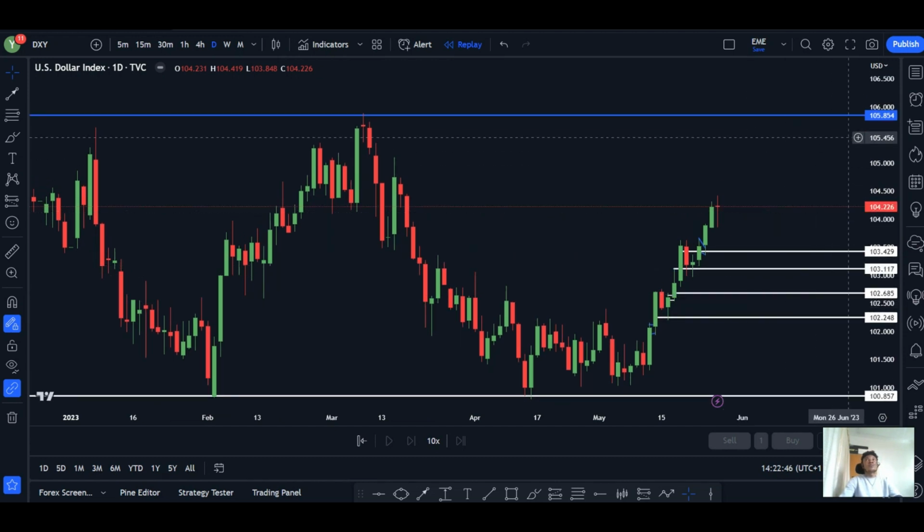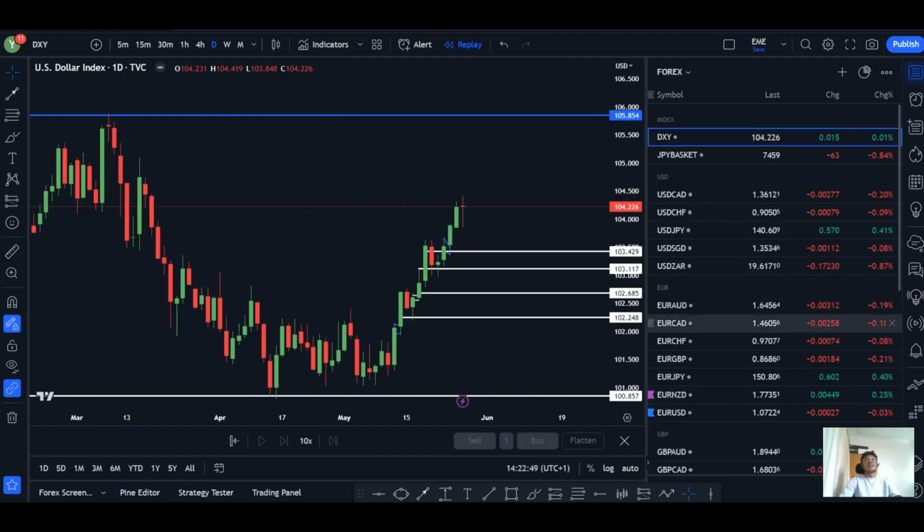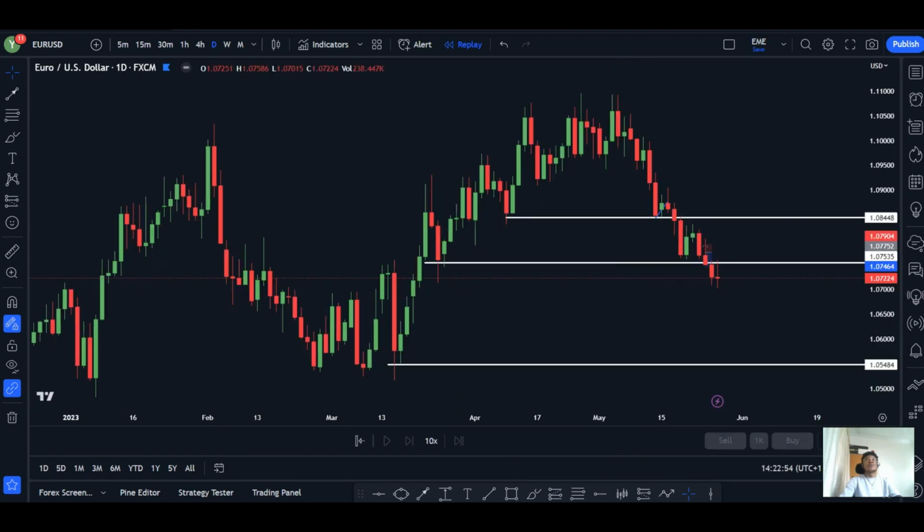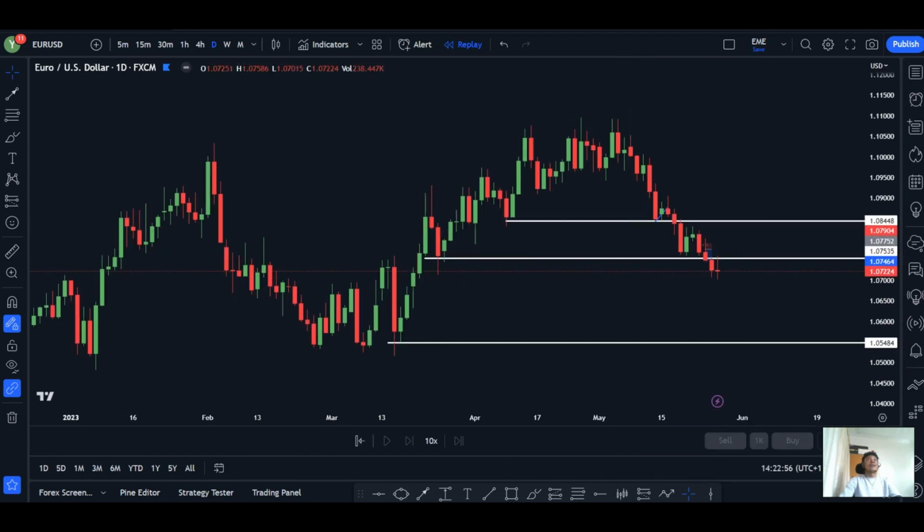So moving on from DXY, let's take a look at dollar related crosses. Let's take a look at Euro USD. Now Euro USD is currently sitting at a high value area right now, a very sensitive one. So this guy is pointing towards the downside, and if you look closely here, we have lots of room to the downside, and we don't really have any significant levels that will hold off price, but rather these will be points where we want to take profits.